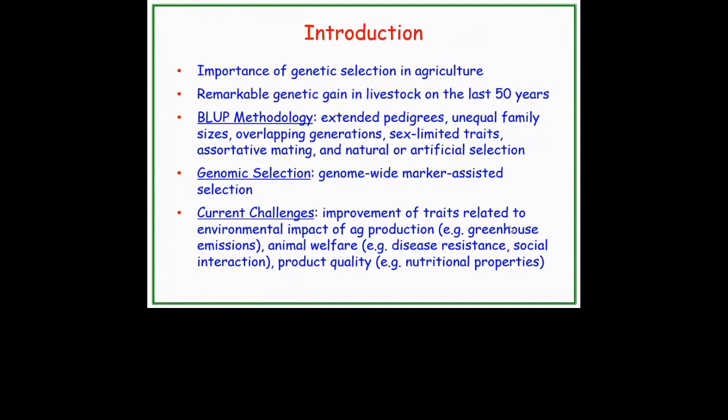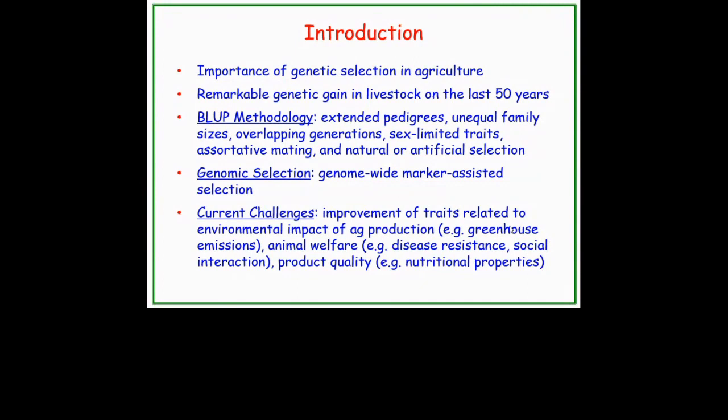the efficiency of production and the quality of the production as well. And it is actually remarkable the genetic gain that we have accomplished in livestock and crops as well in the last few decades. There are two things that happen in animal breeding that really expedite things.